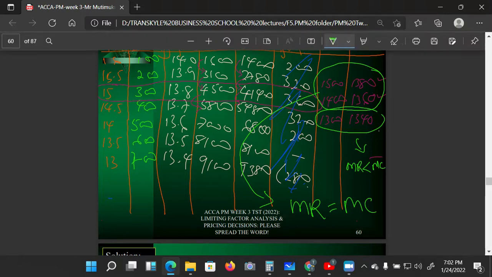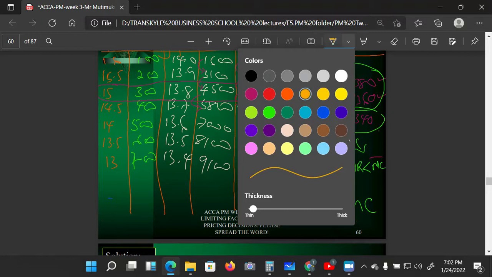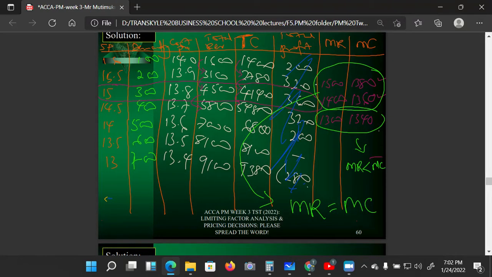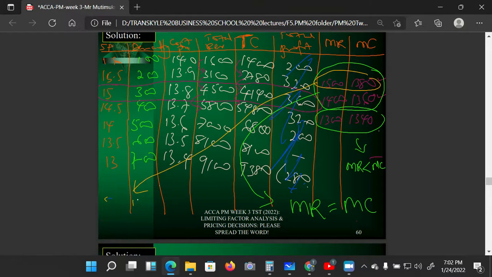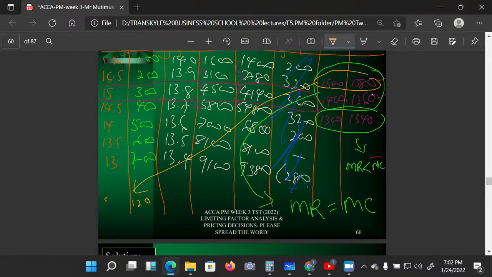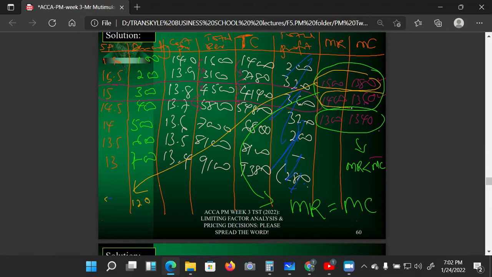Let's start with this combination. 1,500 minus 1,380, that's a difference of 120. Now let's try this one. 1,400 minus 1,360. You can see that the difference is 40.